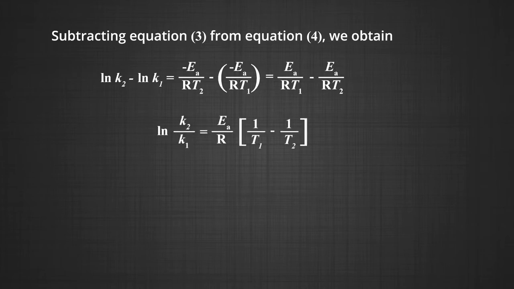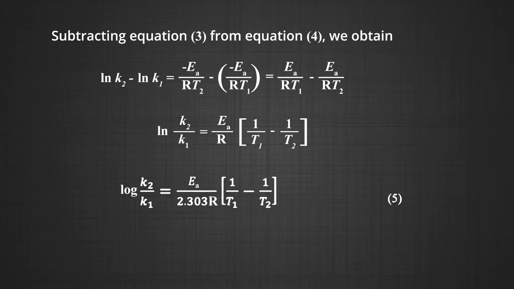Now, the expression will become ln K2 by K1 is equal to EA by R into 1 by T1 minus 1 by T2. Now, taking the log at base 10, log K2 by K1 equals EA by 2.303 R into 1 by T1 minus 1 by T2.